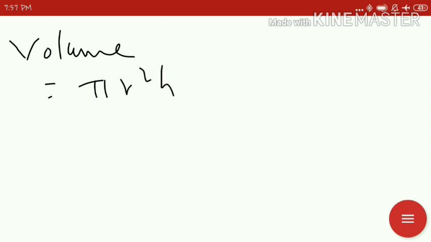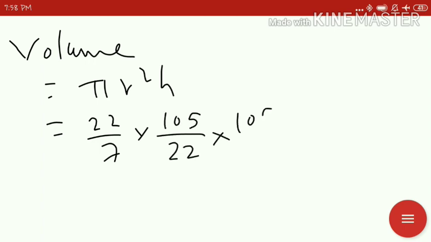The volume of the cylinder formed by rolling along the length is pi r square h, that is pi 22 by 7, r square that is 105 by 22 into 105 by 22, and the height is 18.